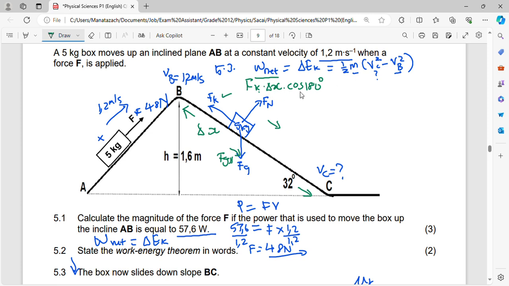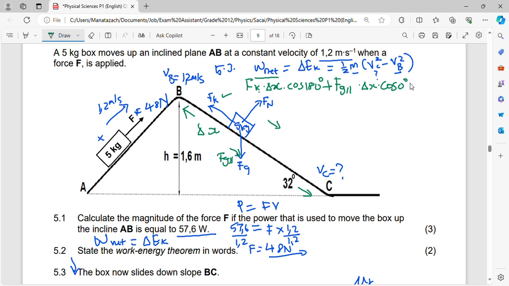That's one part of the W net. The second part will be the parallel component of the weight, plus Fg parallel multiplied by the same distance change in x, multiplied by the cos of 0. It's 0 degrees because the component Fg parallel is in the same direction as the motion of the block.